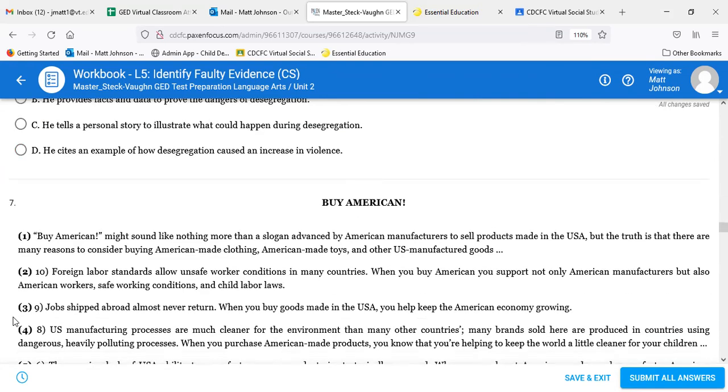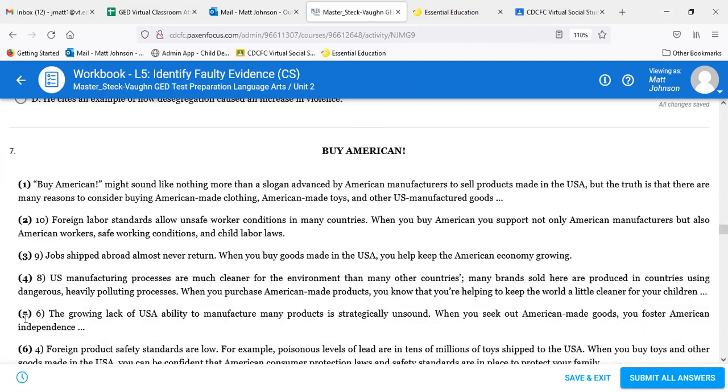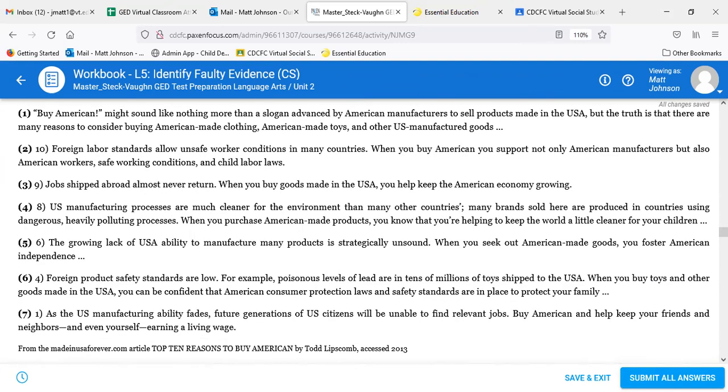So 7, Buy American. I'm going to go ahead and read here. And remember we talk about where the information comes from and the site. So this came from madeinusaforever.com.